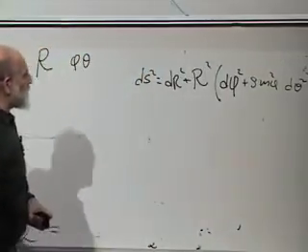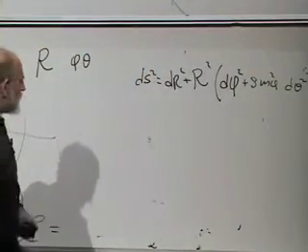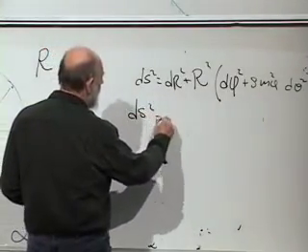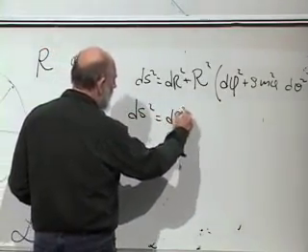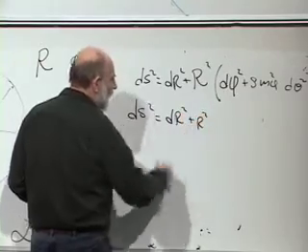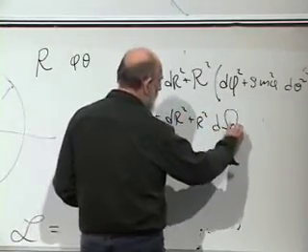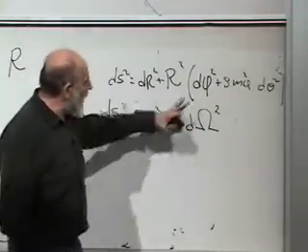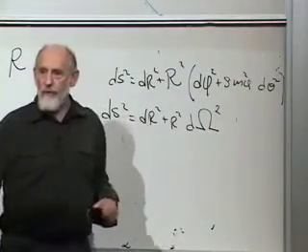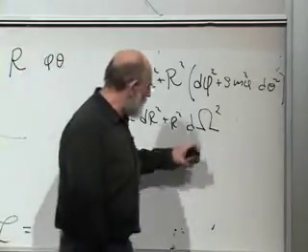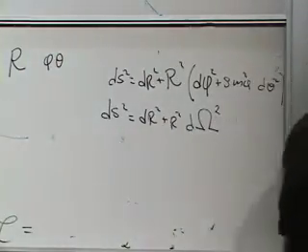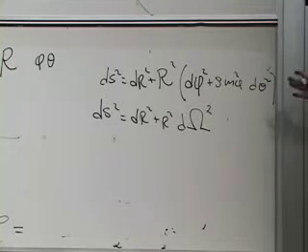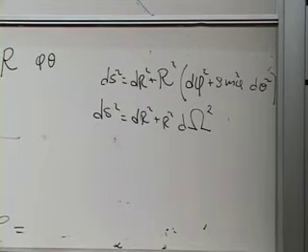There's another way to write this, which is common, to write ds squared is equal to dr squared plus r squared d omega squared. D omega squared is a shorthand for writing out the metric on the unit sphere. It's convenient if we don't want to keep writing thetas and phis.